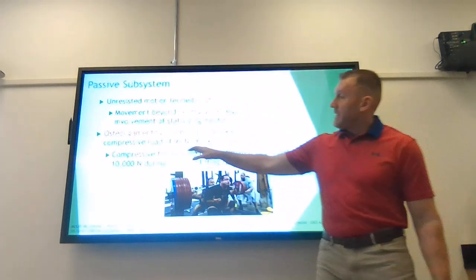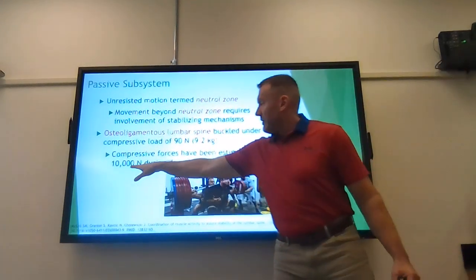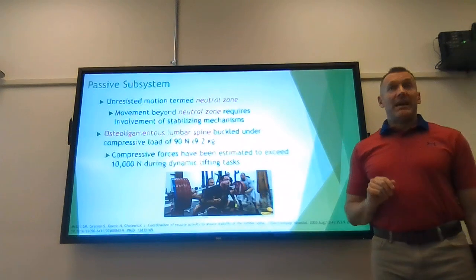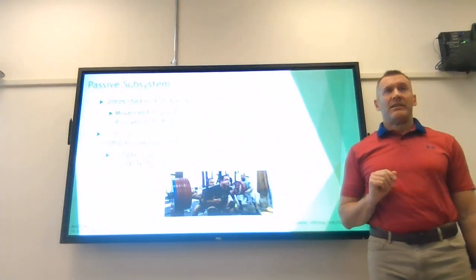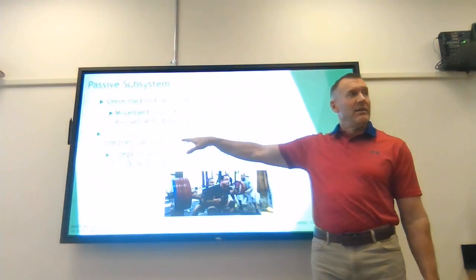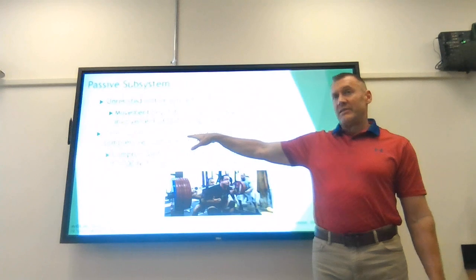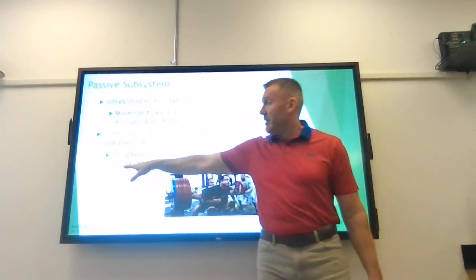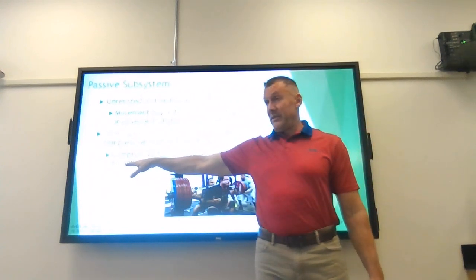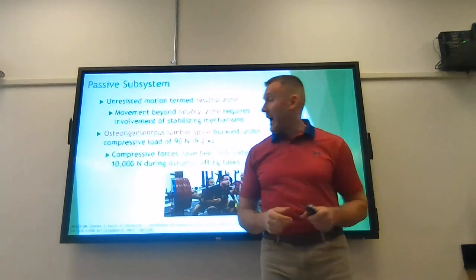Compressive forces have been estimated to exceed 10,000 newtons during dynamic lifting tasks. So think about that. If we left it up just to the passive tissues, 90 newtons, that's not enough to stabilize the spine against forces that can exceed 10,000. This is why we have to have the right muscle activation.